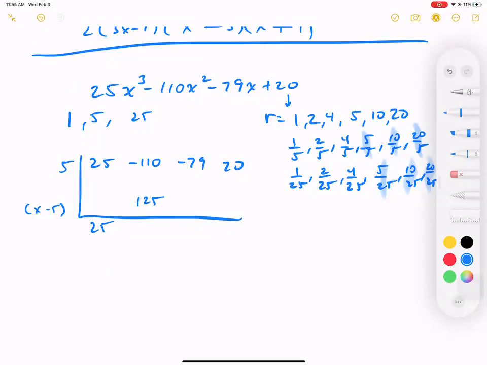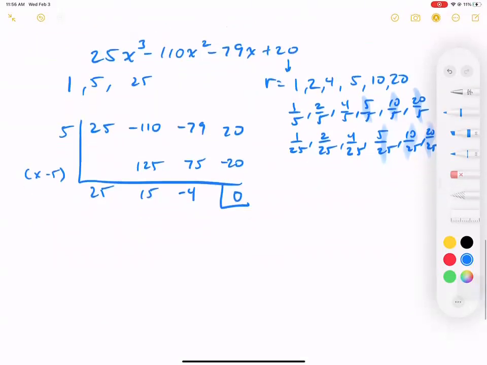This becomes positive 35. Is that right? No, 15. I'm sorry, 15. 15 times 5 is 75. This becomes a negative 4. Wait, negative 4 times 5 is negative 20. Oh my gosh, it worked. First answer is 5.